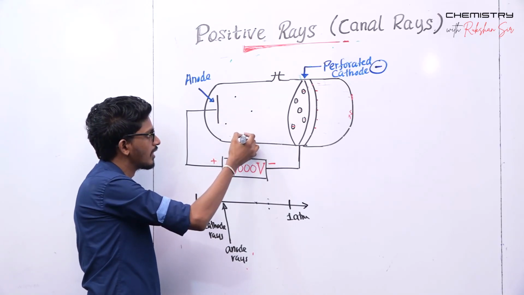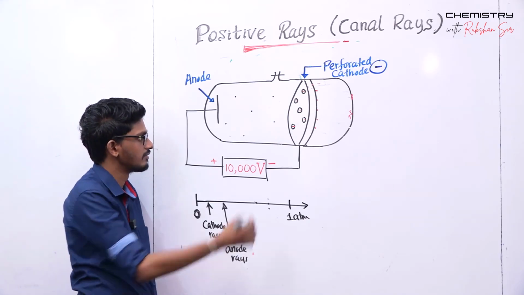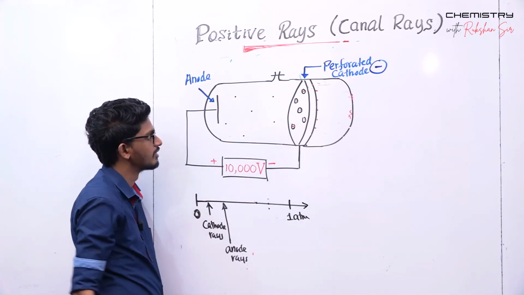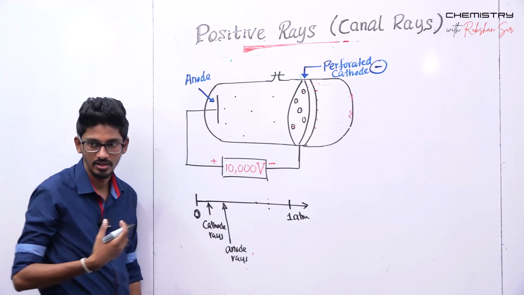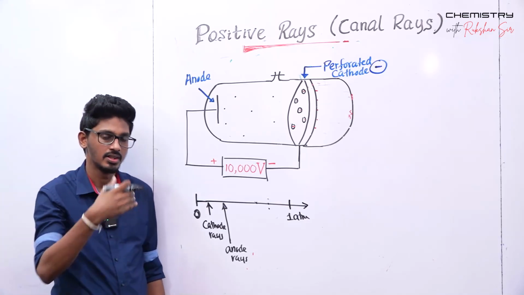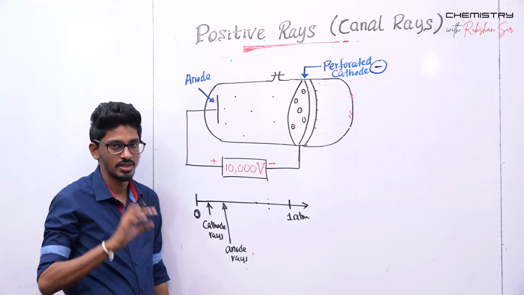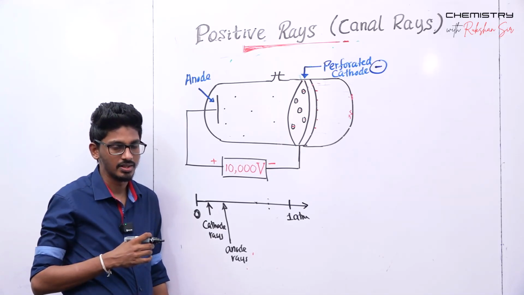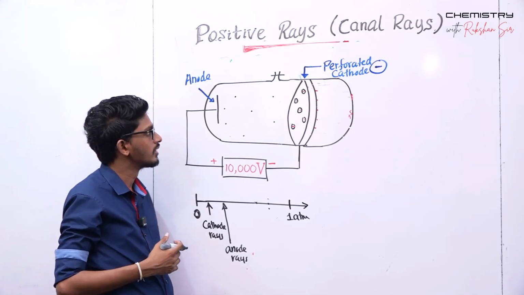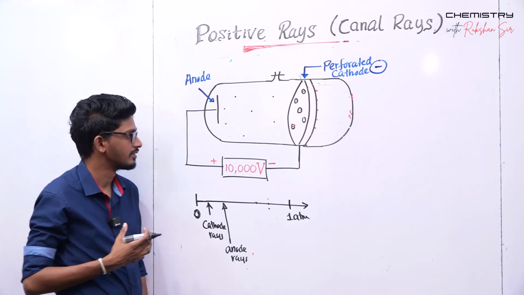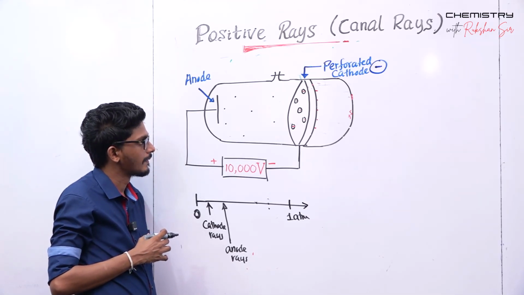Low pressure means the amount of gas particles is less. We discussed that in the last lesson, why the pressure is low when the amount of gas particles is lower. So we are with a smaller number of gas particles here.